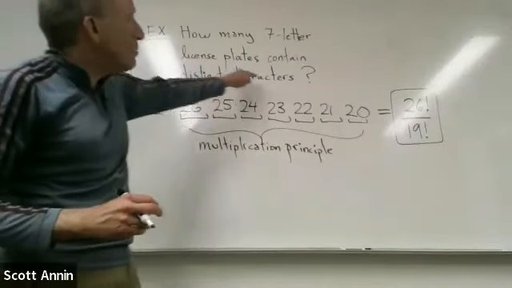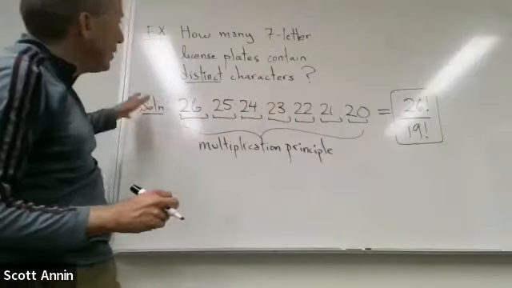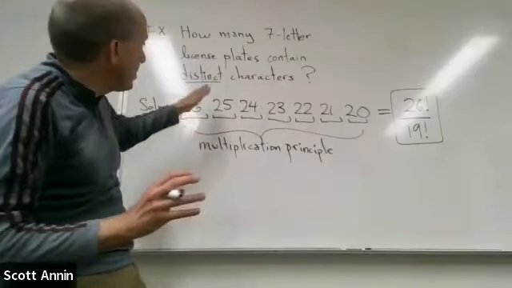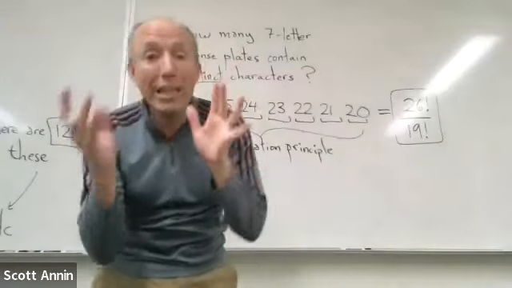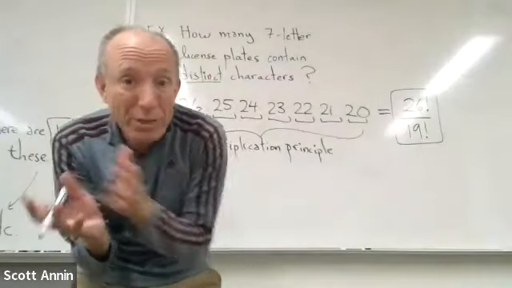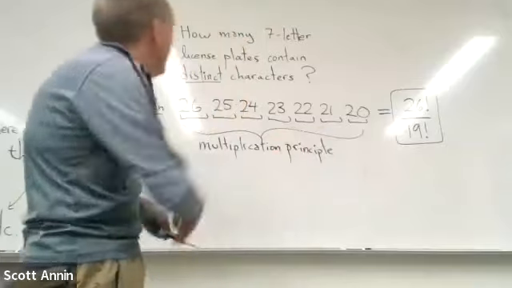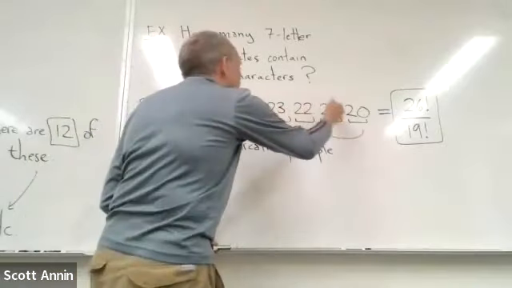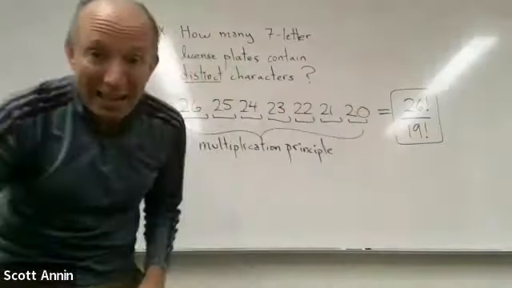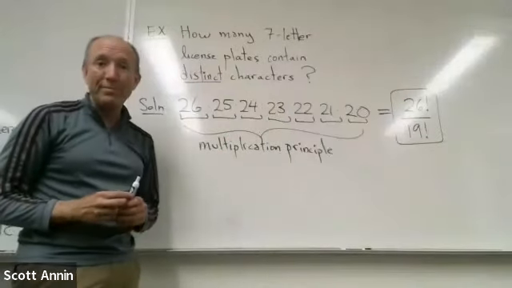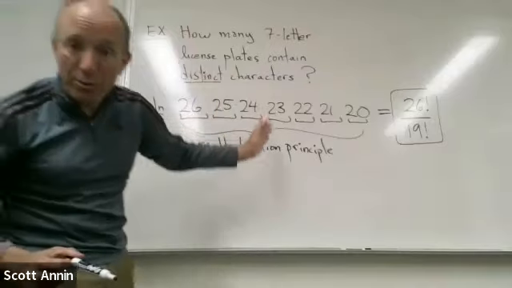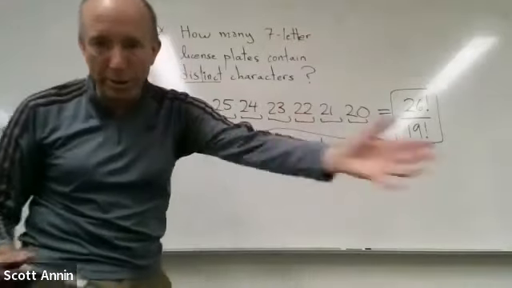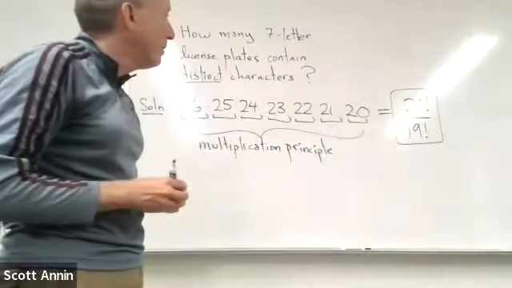Again, the characters have to be distinct. That's why there's no repeats, in other words. That's why this is sort of a falling factorial number of choices. If we were allowing repeats and we could use the same letter everywhere, then we would literally stick with 26 choices for every slot, and we get a different answer. But here we have 26 choices, then 25, then 24, then 23, and on down the line from there.